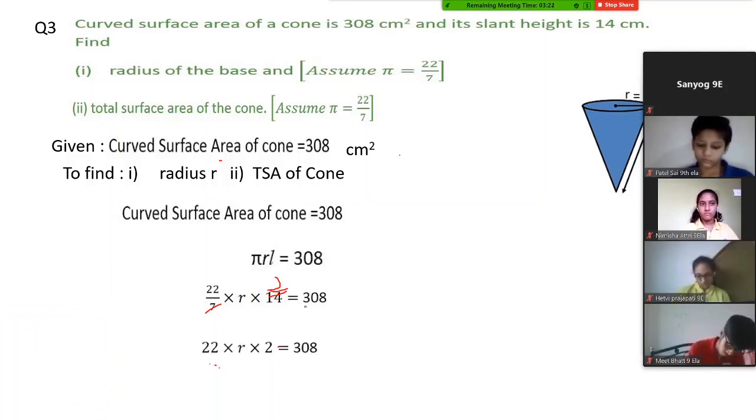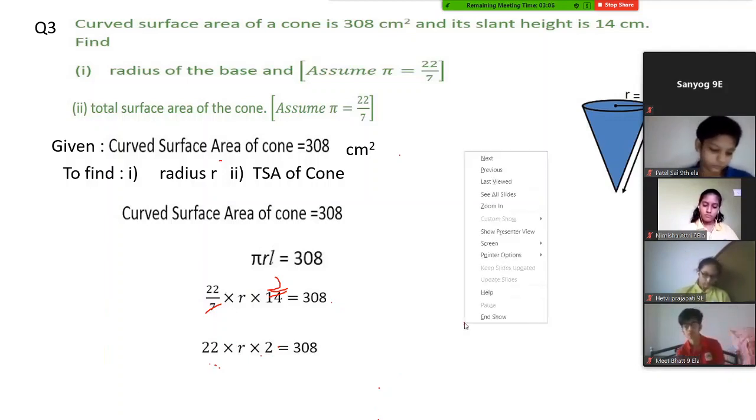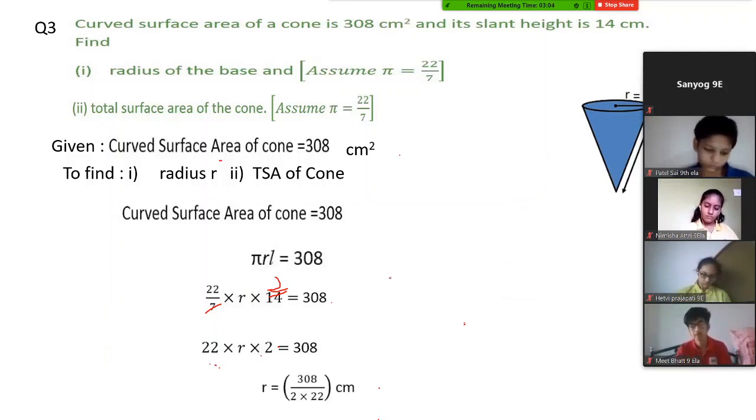22 into R into 2 is equal to 308. So we transpose 22 and 2 to the right hand side.